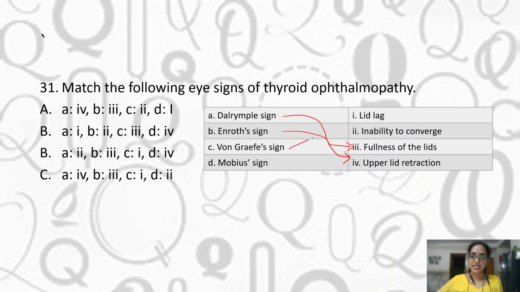Von Graefe's sign, the most common one, is the lid lag. This sign is very pathognomonic of thyroid orbitopathy. And Mobius sign is the convergence insufficiency seen in thyroid ophthalmopathy. So A is 4 and B is 3. So the answer is probably option D. Yes, this is the right option.